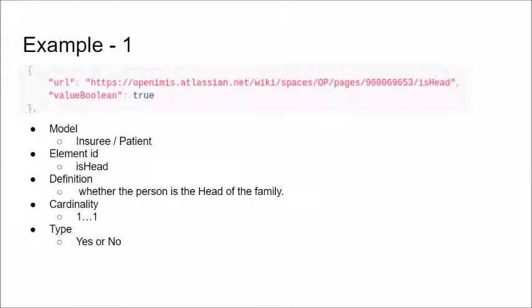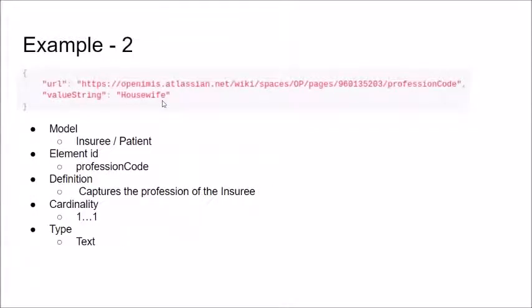Since we are taking individual records into DHIS2, we need to know for each record if the individual is the head of the family or not. So the way we structured the extension for that, we have these two properties. The link takes you to a description page where you have the definition of the extension, and then the value. Same way we have another example for profession.